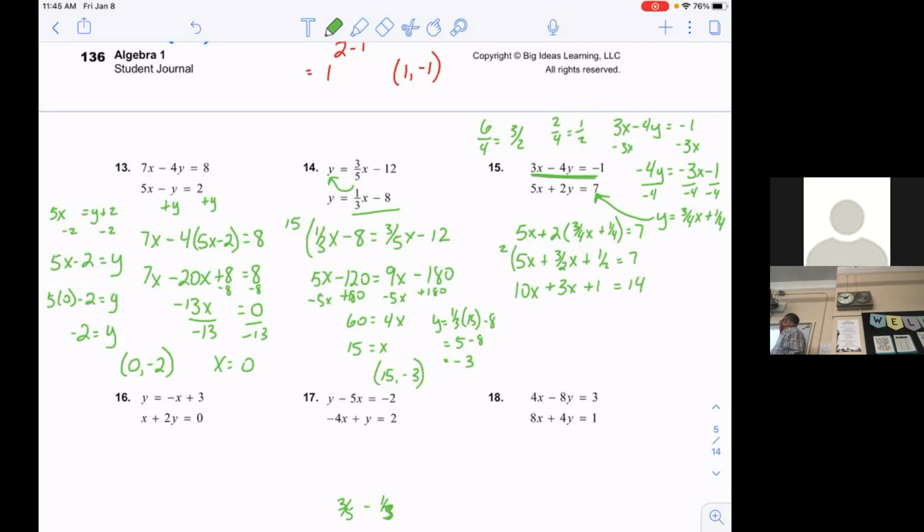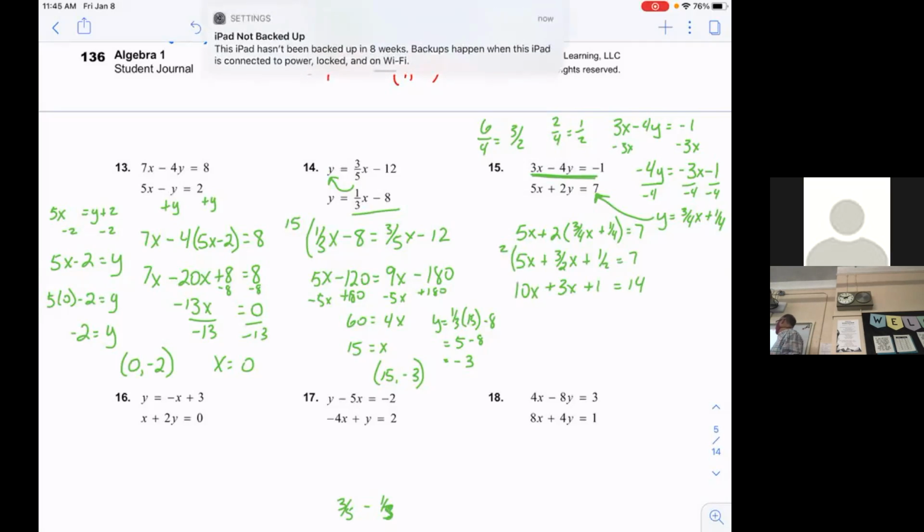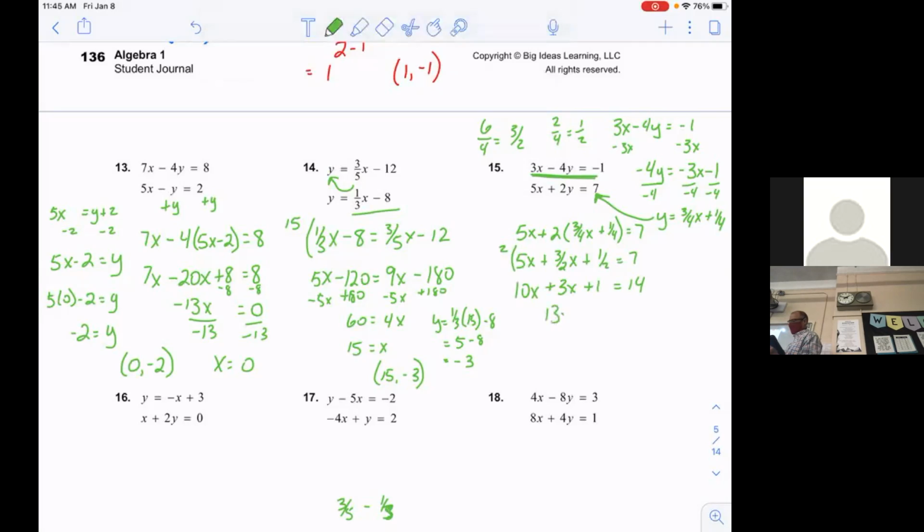I just don't like to play with fractions, so I'm going to multiply to eliminate the fractions. Okay, now I have this. I have x's to put together and a constant. So 10 and 3 give me 13x. We're going to subtract the 1 to the other side to get 13. So that means when I divide, we find out that x equals 1.